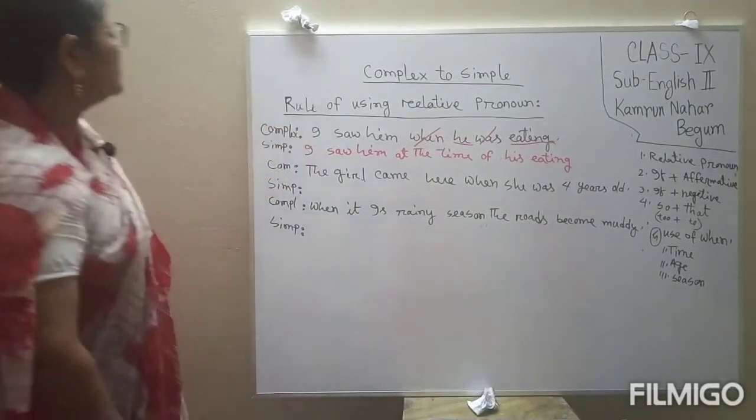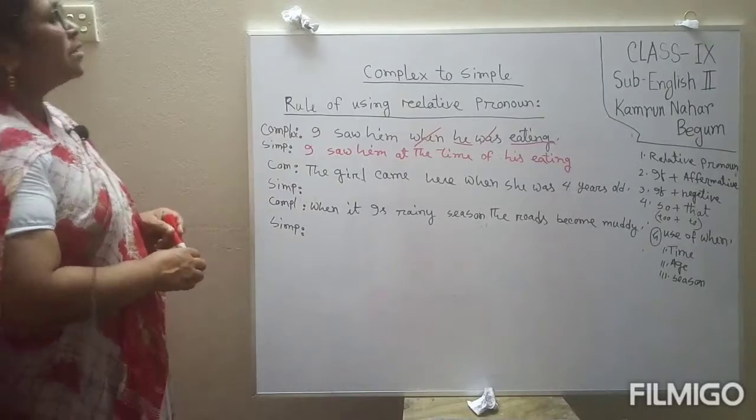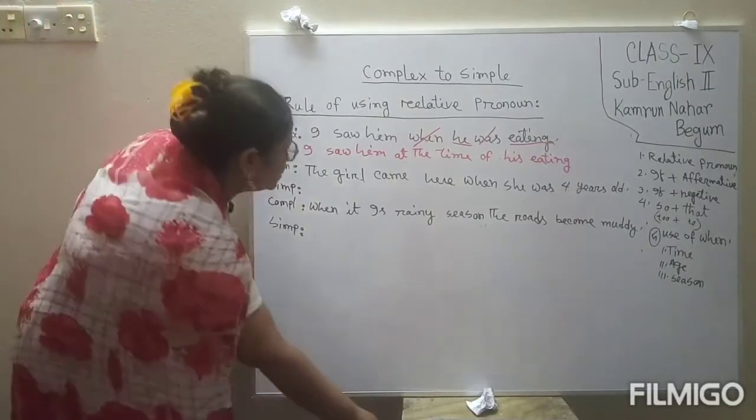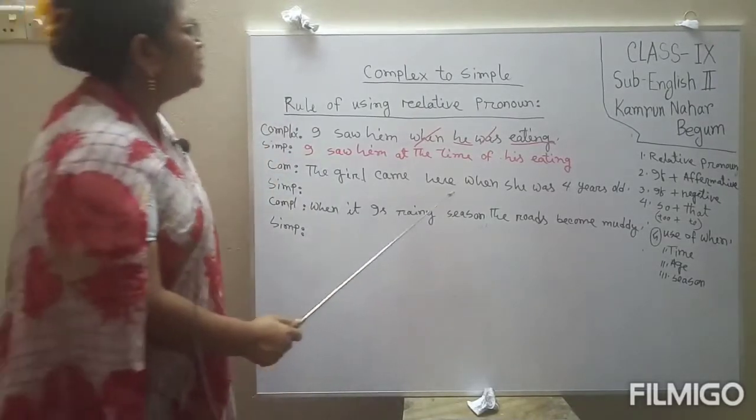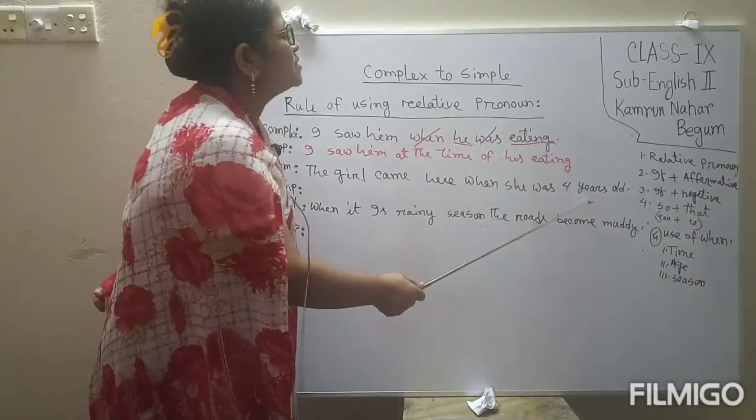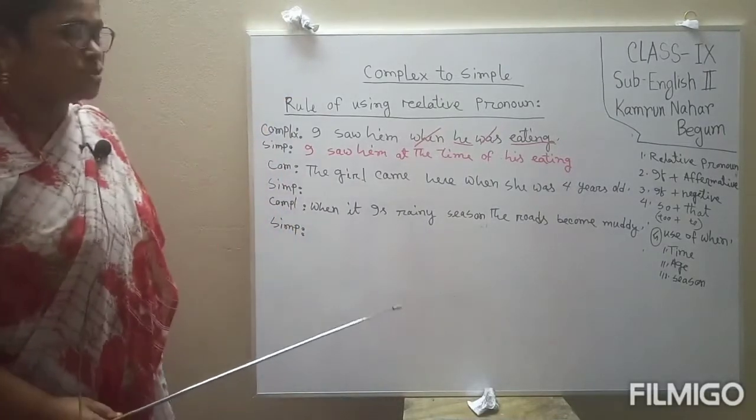Next, come to discuss the second situation of when. Here we have: The girl came here when she was 4 years old.